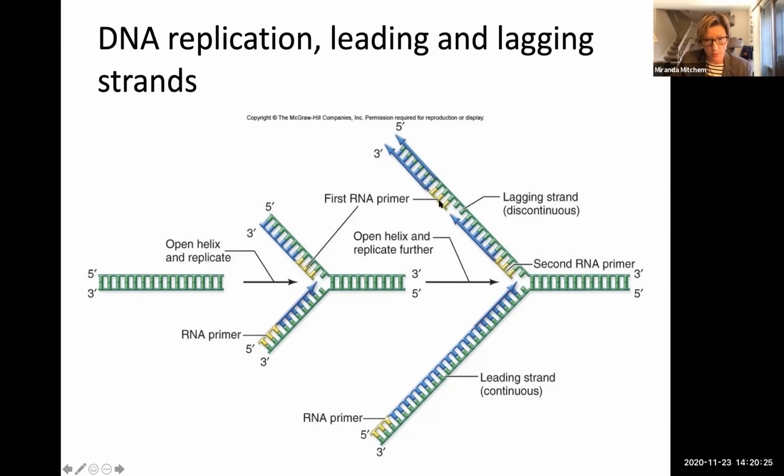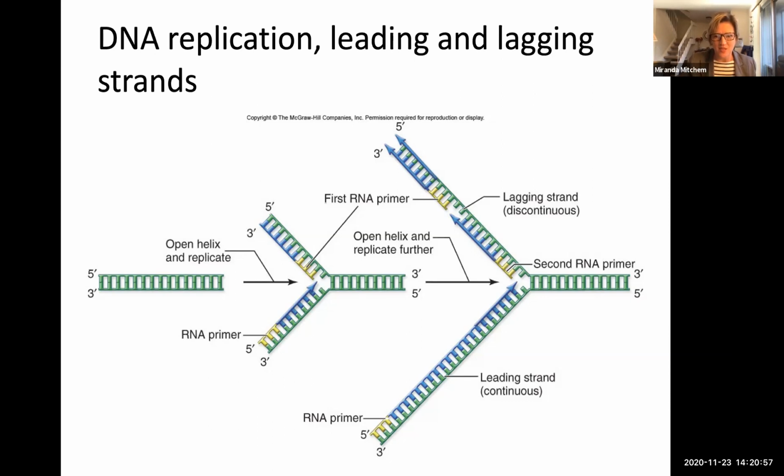There are multiple RNA primers because it is synthesized in many different little pieces. Technically, look where the primer is. The primer is on the 5' end. So the new DNA here is 3' here, which means it's 5' here. And the primer should be at the 5' end, because DNA polymerase adds at the 3' end. I know that's confusing.